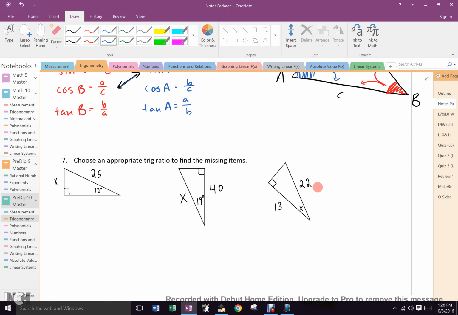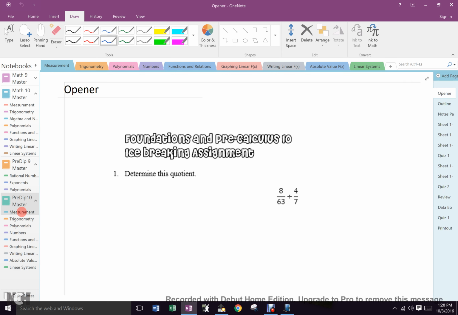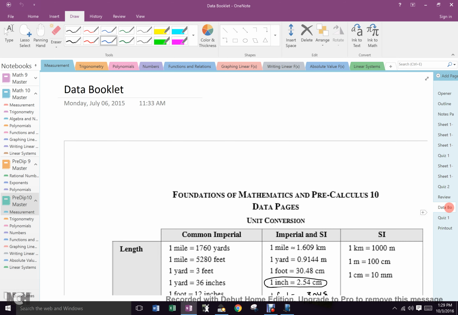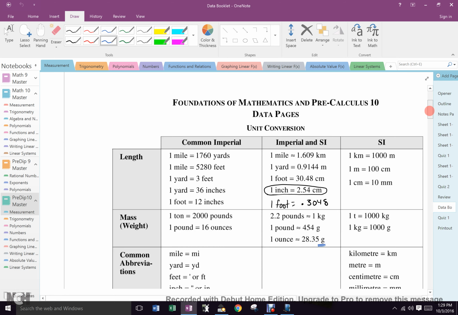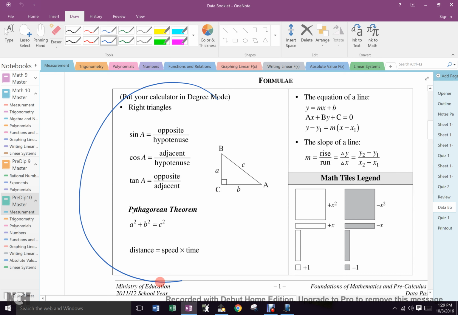If you are bad at it, I cannot stress this enough: you can't be bad at it if you write it down. You don't even have to remember SOHCAHTOA, because if you look on your data booklet, you will see that it is provided for you.